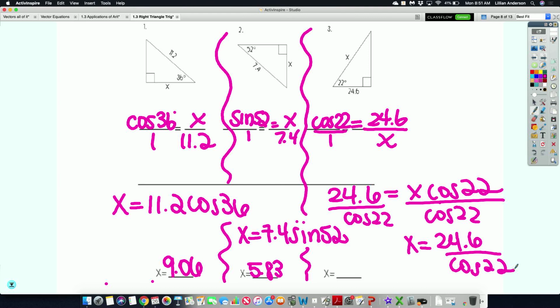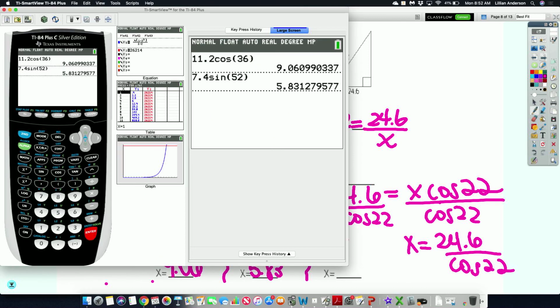And we type that into our calculator. 24.6 divided by cosine 22. We don't have to worry about putting cosine inside of individual parentheses because that whole cosine 22 is one number. So it's one solid number that's being divided by. So you click enter. Did everybody get 26 point something? Three significant figures would be 26.5. Very good.